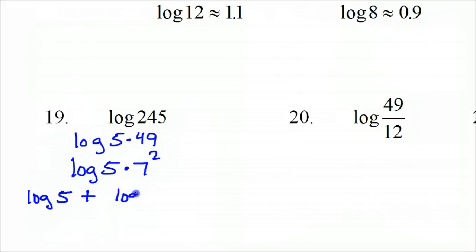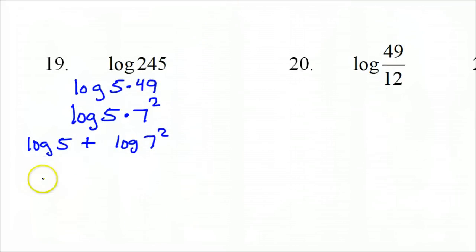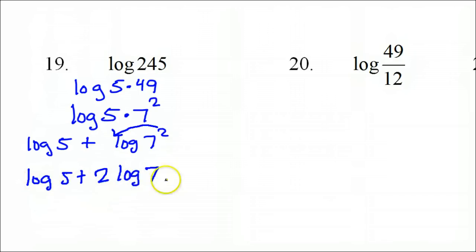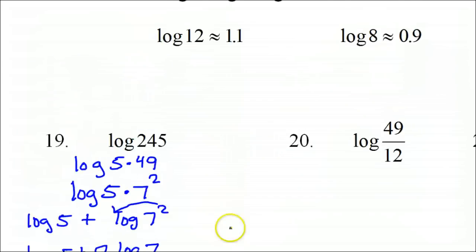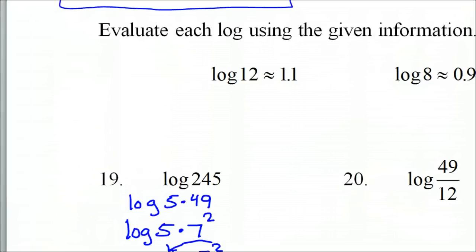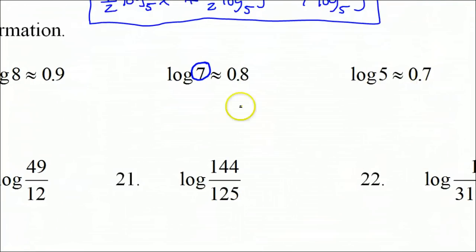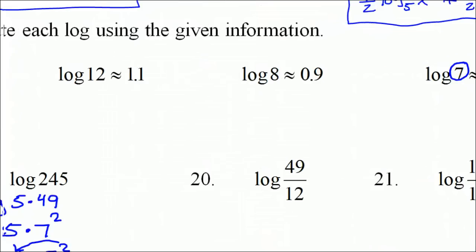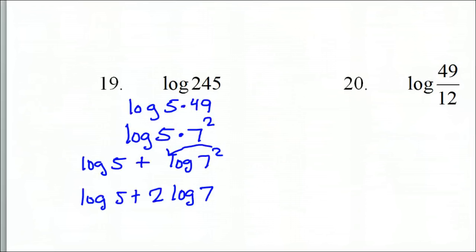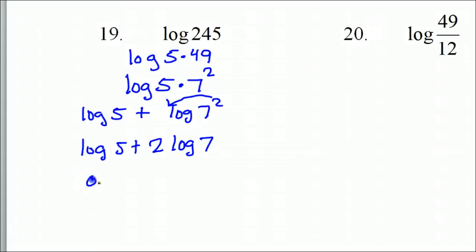Okay? So that's going to be log 5 plus, now this exponent gets to come in front, so that'll be 2 log 7. Now log 5 and log 7, those are facts that we have. Log 5 is 0.7, so this is 0.7 plus 2 times, and log 7 was 0.8.